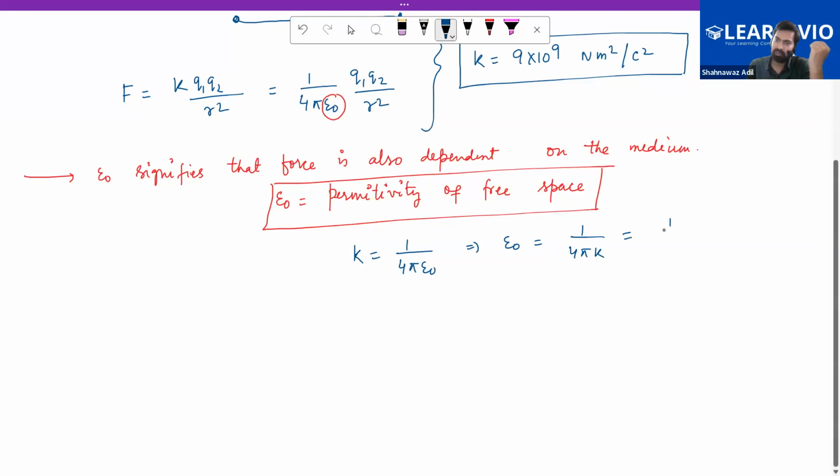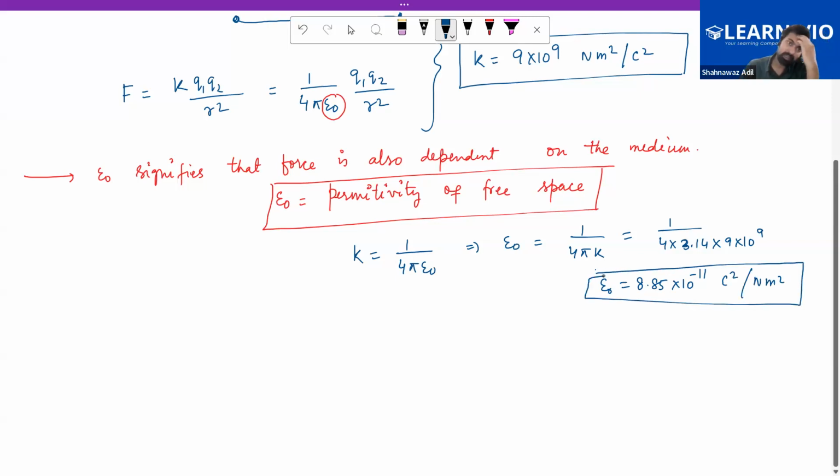Which means that this is 1 by 4, pi is 22 by 7 or 3.14, and then this k is 9 into 10 to the power 9. You solve this thing and the answer would be 8.85 into 10 to the power minus 12. So this is the value of epsilon naught, with units Coulomb square per Newton meter square.